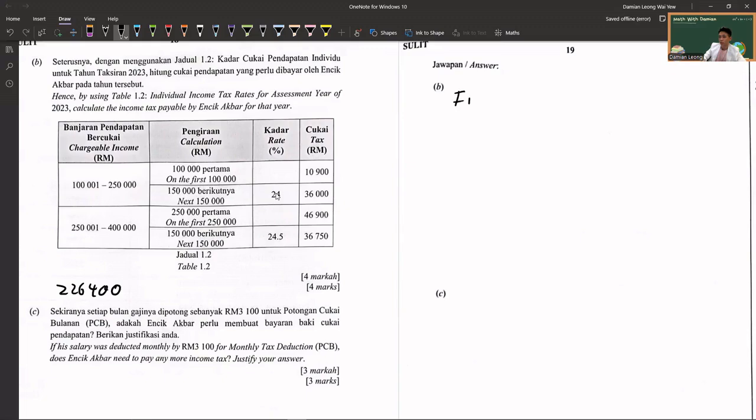So the income tax payable would be 10,900 for the first 100,000, plus 24% of the rest of it, means 24% of 126,400 ringgit.